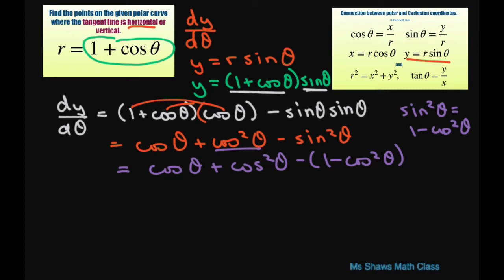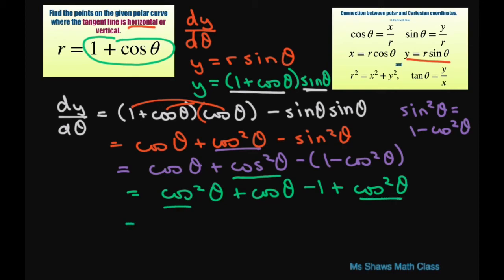All right, let's simplify this. You have cosine squared of theta plus cosine of theta minus 1 plus cosine squared of theta. So basically we have two of these. So that gives us 2 cosine squared of theta plus cosine of theta minus 1.